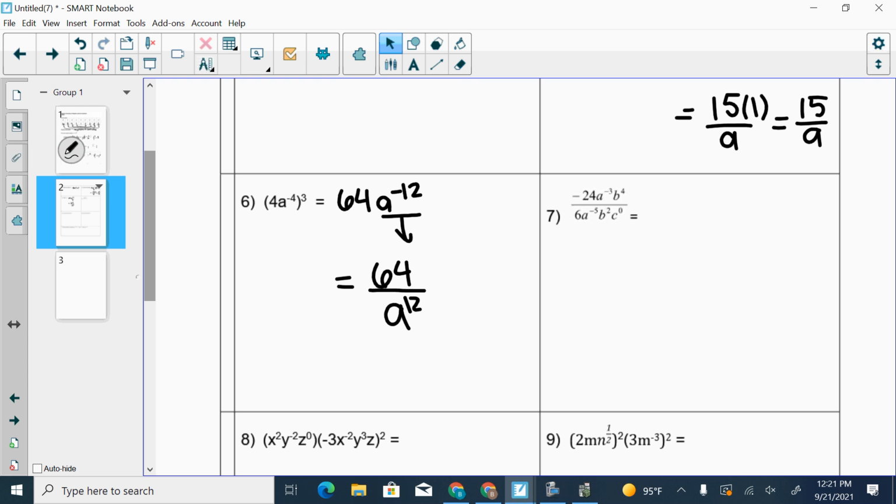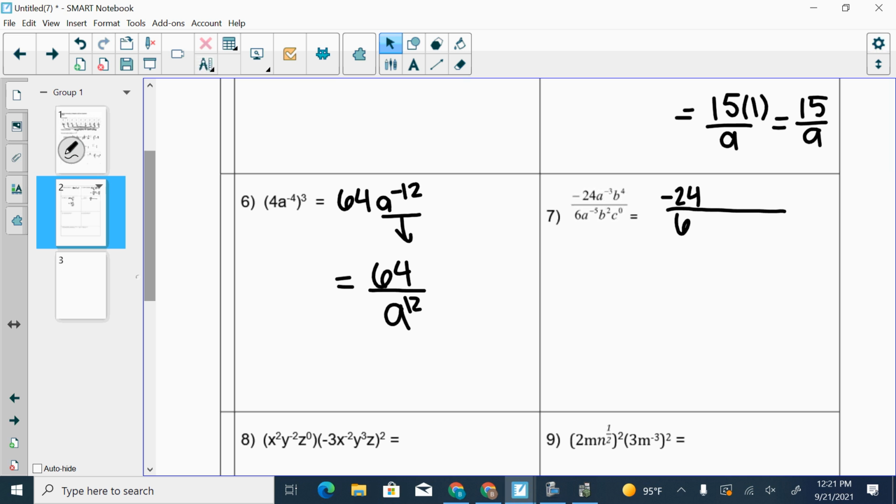Okay, on this next one, we're going to fix our exponents before we subtract. That way we're not subtracting a negative minus a negative and messing up our signs, okay? So, I'm just going to rewrite it. I'm going to leave the 24 where it is, leave the 6 where it is in the bottom. Should the a to the negative 3 stay there or go down?